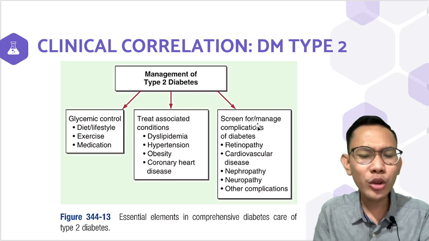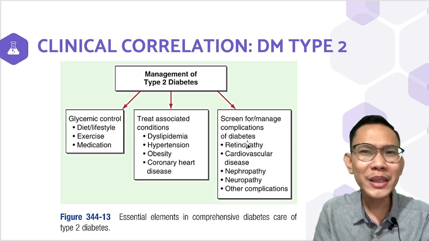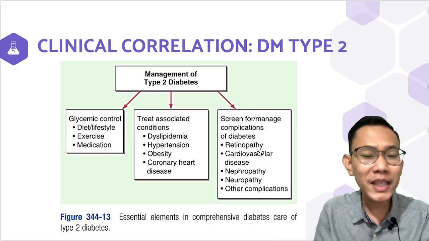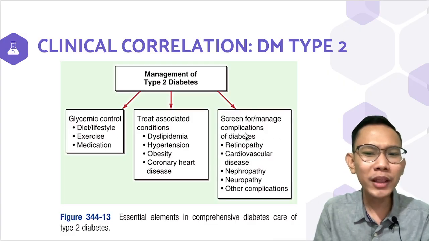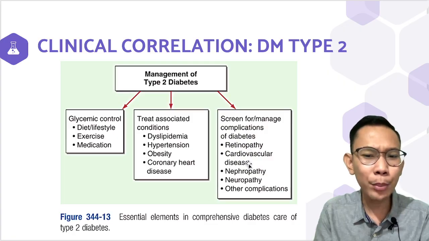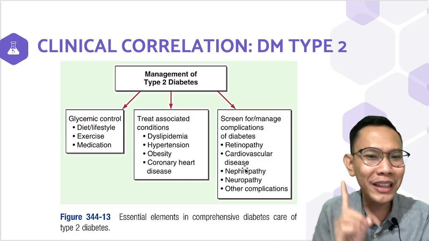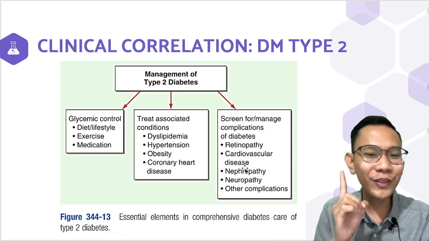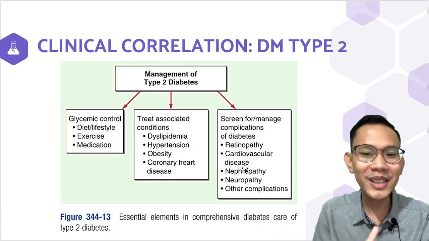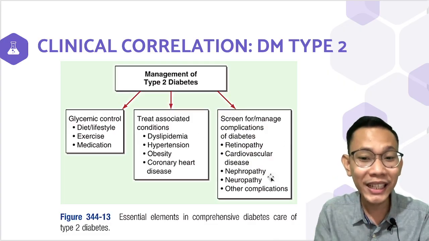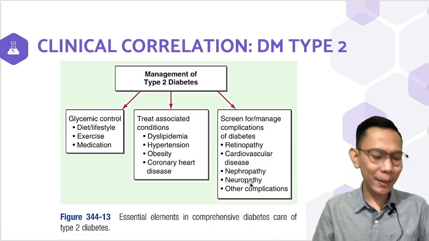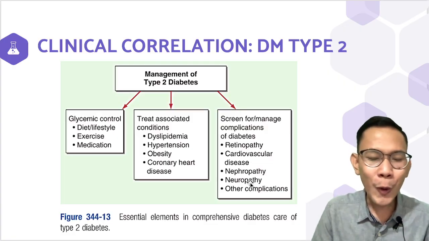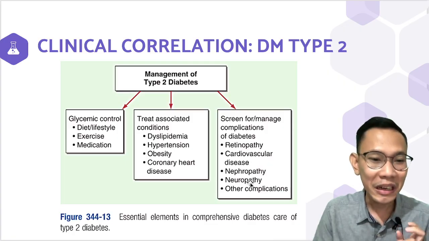Mga complication pag you are already how many years diabetic, a decade, 2 decades, you have to manage the possible complications, your retinopathy, your cardiovascular disease, your nephropathy, neuropathy. Remember, your DM will affect a lot of multiple organ systems. Kaya dapat ma-address din natin to. Pag diabetic ang patient to, we have so many things to really remember.